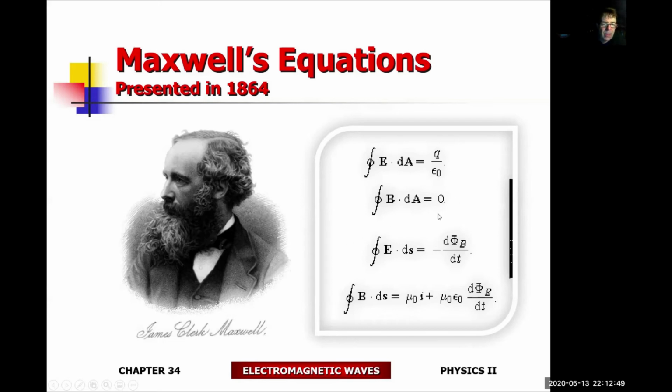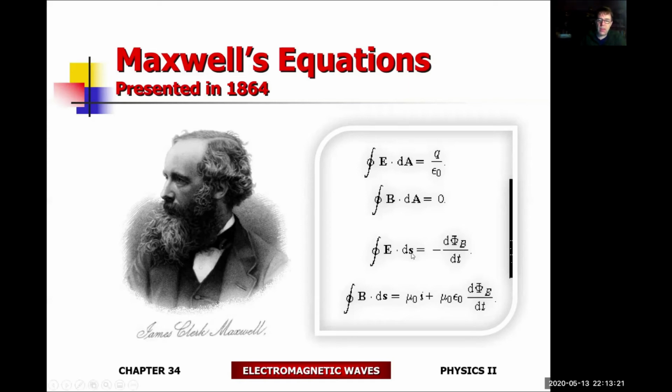And because we don't have magnetic monopoles, which means we don't have a single magnetic pole, the net pole within the Gaussian region is going to be 0. So you will have an equal amount of north and south poles within the Gaussian region, which means that the net magnetic field within that region is going to be 0.